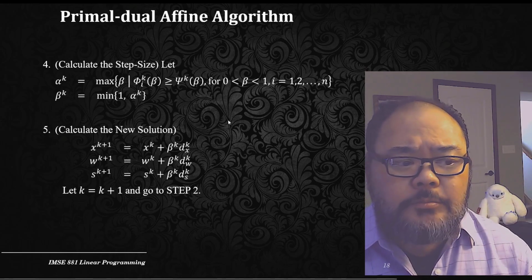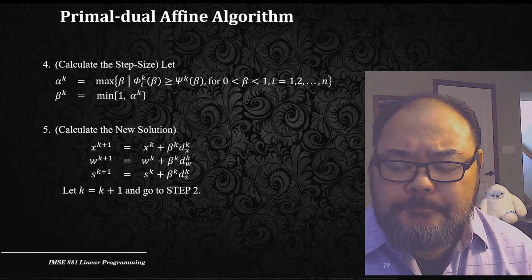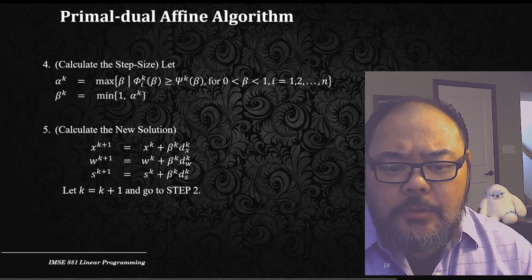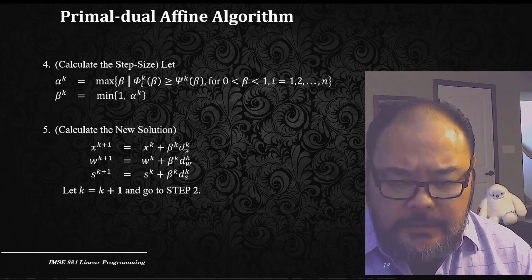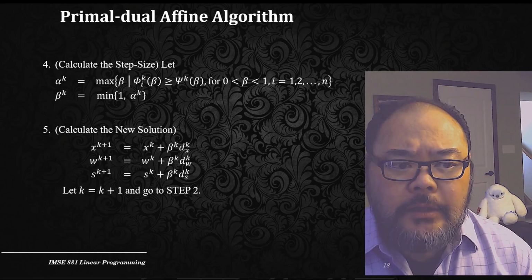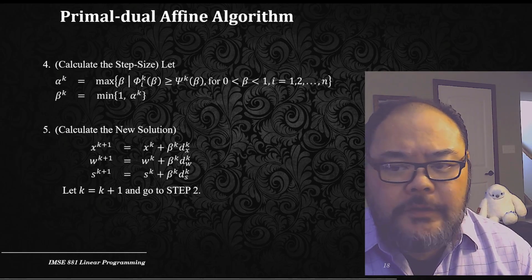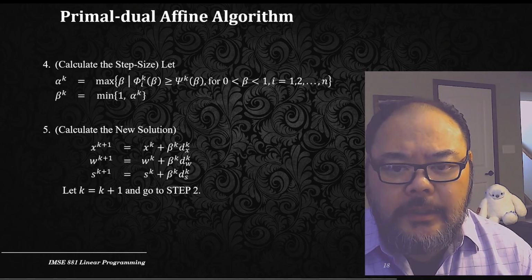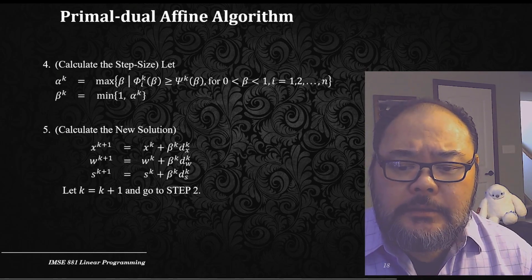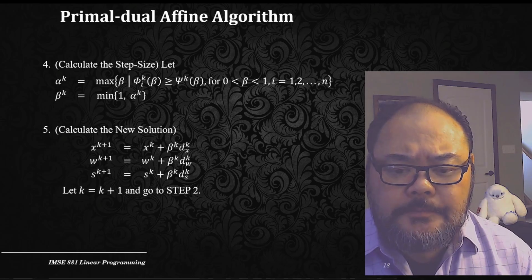In fact, we are going to present a numerical example and an Excel example to show you how we can easily implement this primal and dual algorithm, also referred to as the so-called path following algorithm, using Microsoft Excel.